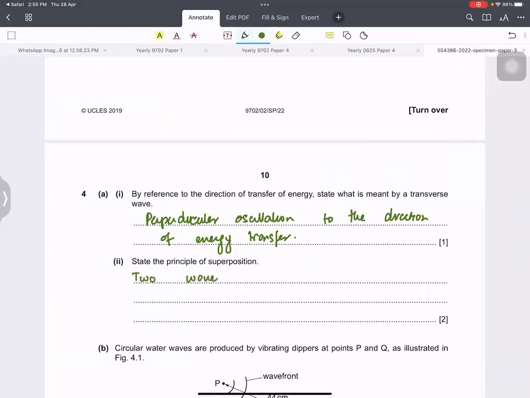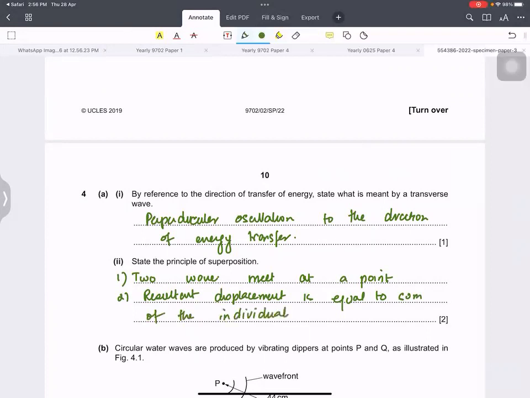Two waves meet at a point, the resultant displacement is equal to the sum of the individual displacements at that point. So please do write that.